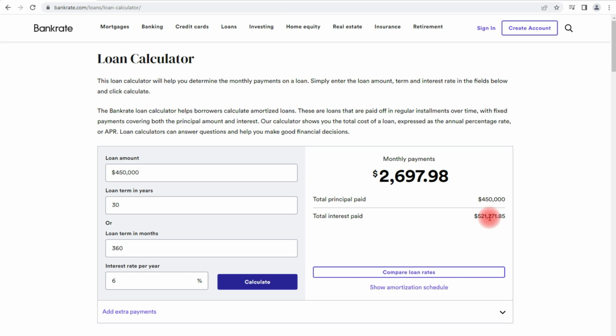So now you know how to calculate the true cost of a mortgage or of any loan. It's basically the total interest that you're going to be paying over the course of 10, 20, or 30 years. If you want to reduce the total interest paid, one of the best ways to do that is reduce the annual interest rate or increase your monthly payment by trying to pay off the loan a lot faster.